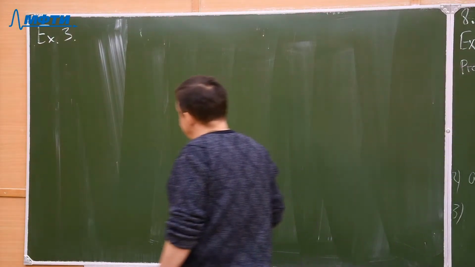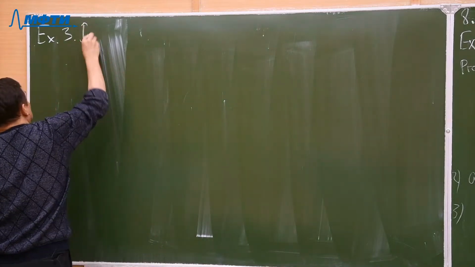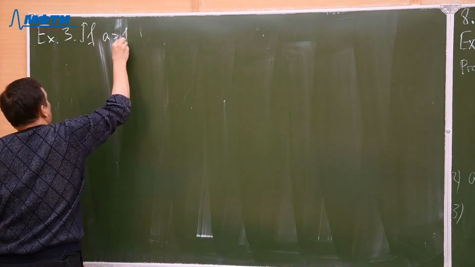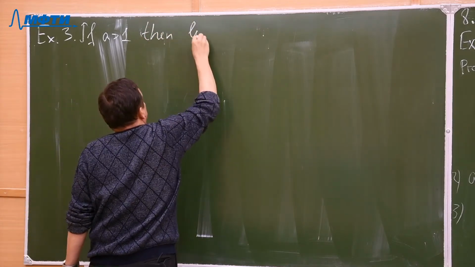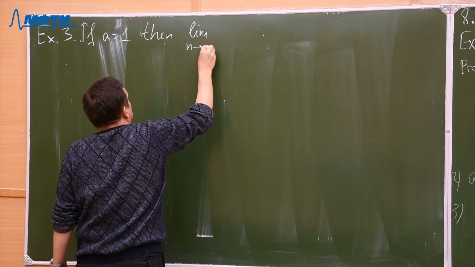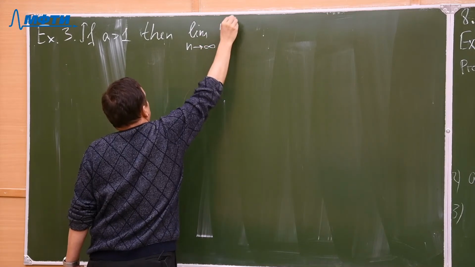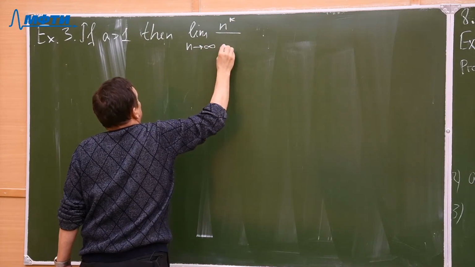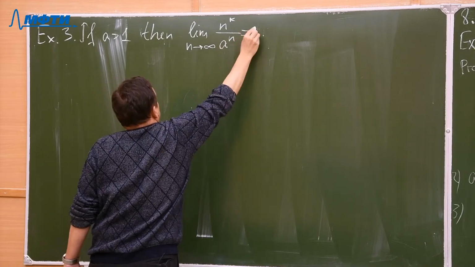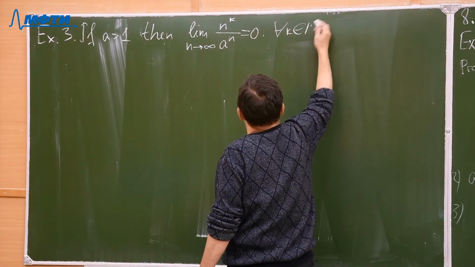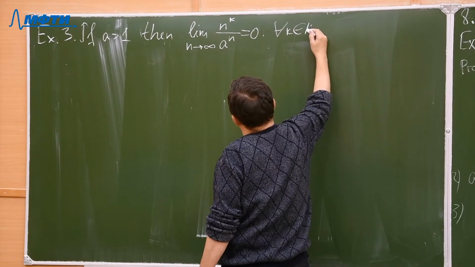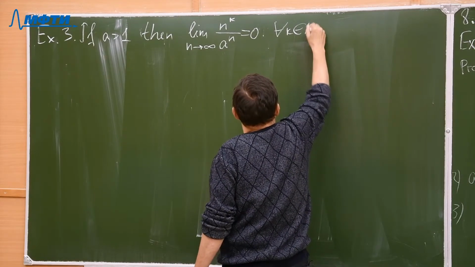If a greater than 1, then the limit as n tends to infinity of n to the power k over a to the power n equals 0 for all natural k.